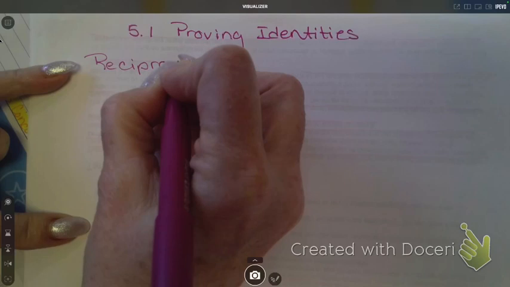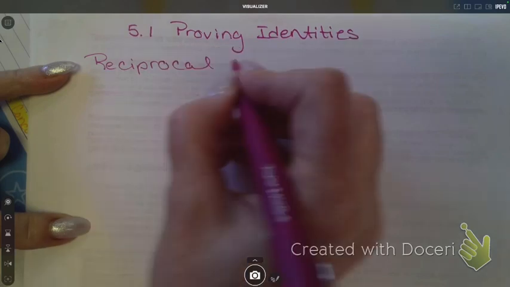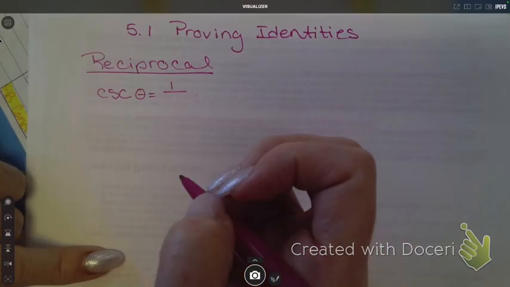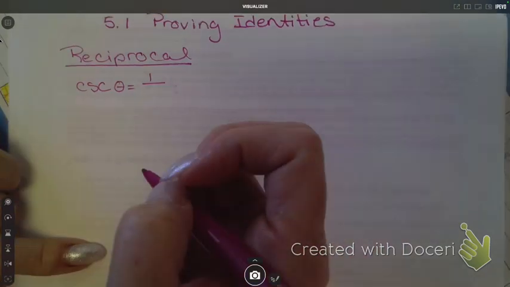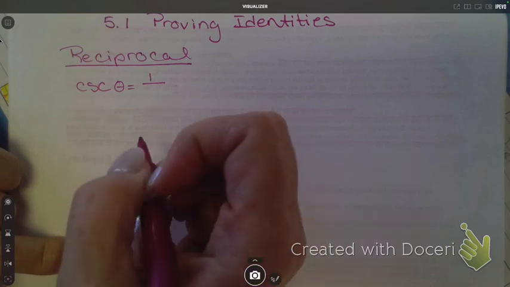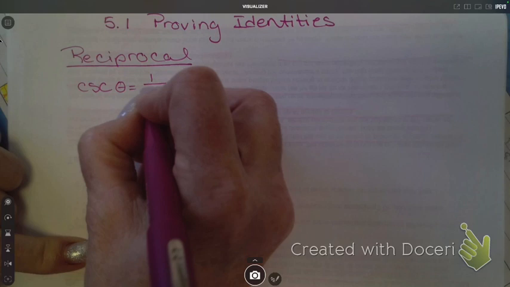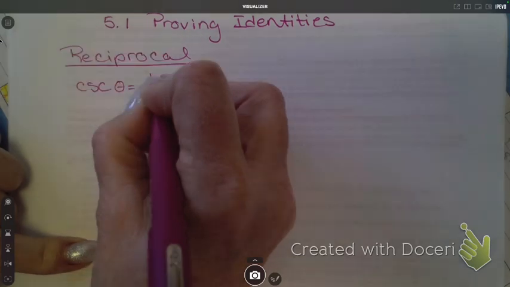Cosecant of theta equals 1 over what? Sine. So then that means sine equals 1 over cosecant.